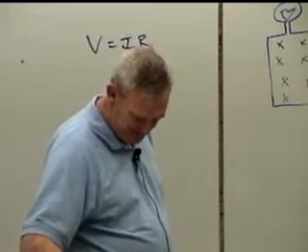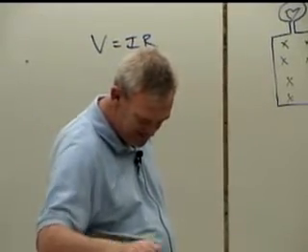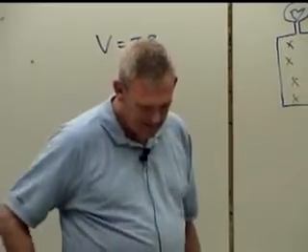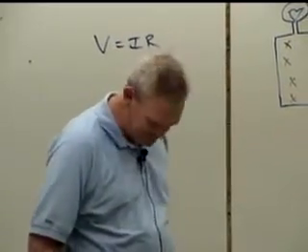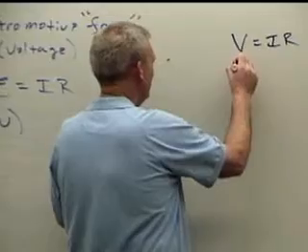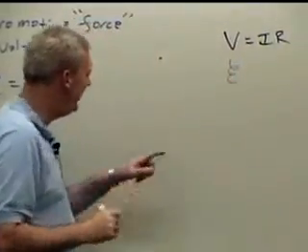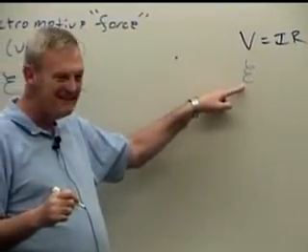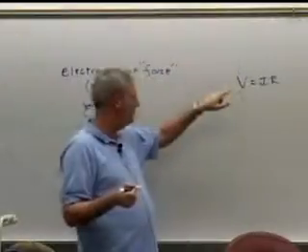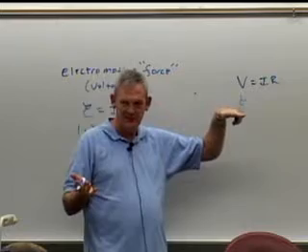So let me make sure I get this right here. The electromotive force in this situation, and remember, when you see this fancy E, we say force because it's really not a force, it's a voltage. But that voltage pushes charge.